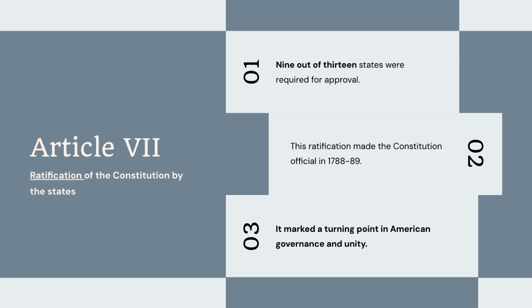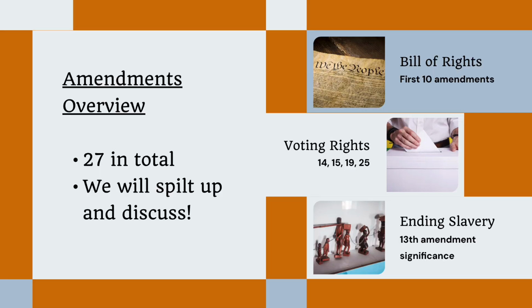Moving on to amendments overview. There are 27 in total, and we will split them up and discuss. The first 10, which I think are relatively more important, you should be familiarized with the content of each.